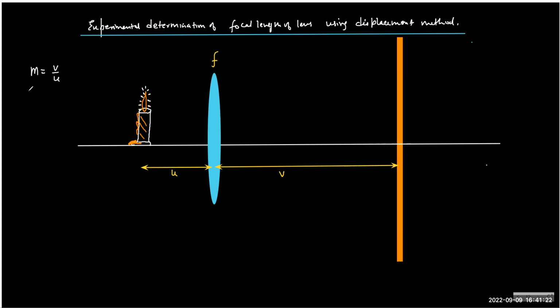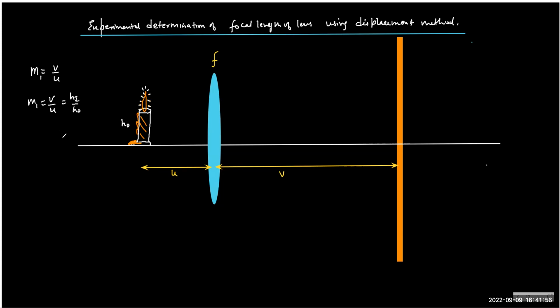So the first image will be magnified. And U and V will be related to the focal length by 1 by V minus 1 by U equals 1 by F. Okay. So the magnification M1 will be V by U. And if the height of the object is HO, this will be HI upon HO. Fair enough.